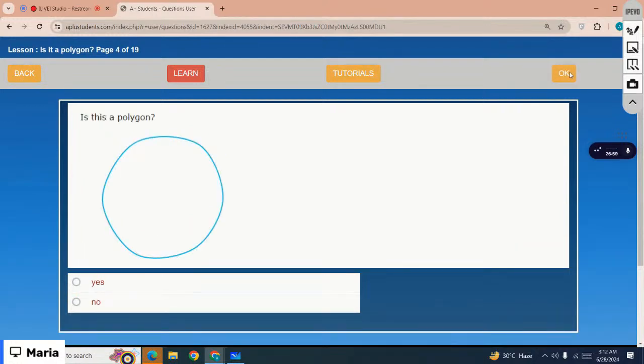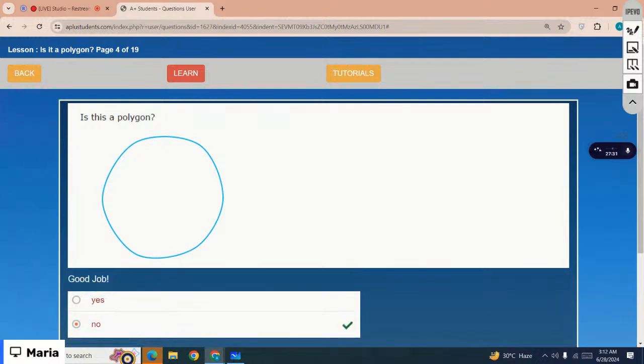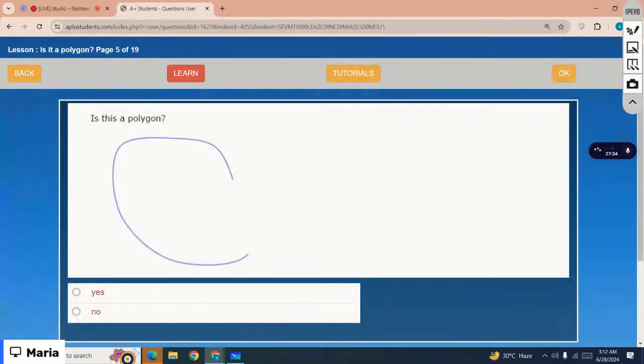Is this a polygon? No, this is not a polygon. The correct option is no. Is this a polygon?